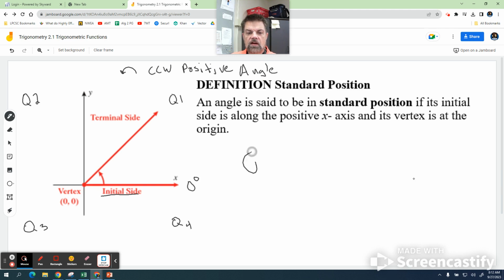When we swing around the other way, clockwise, that is a negative angle. Okay?